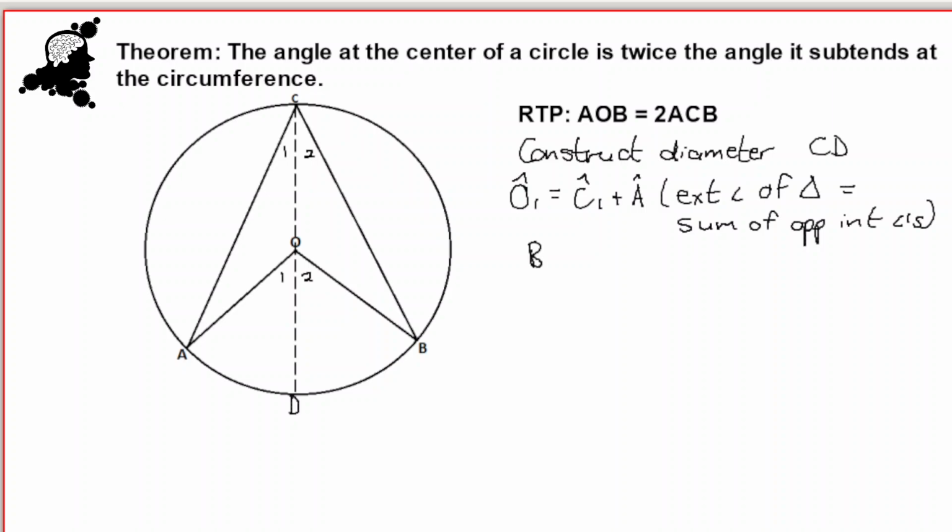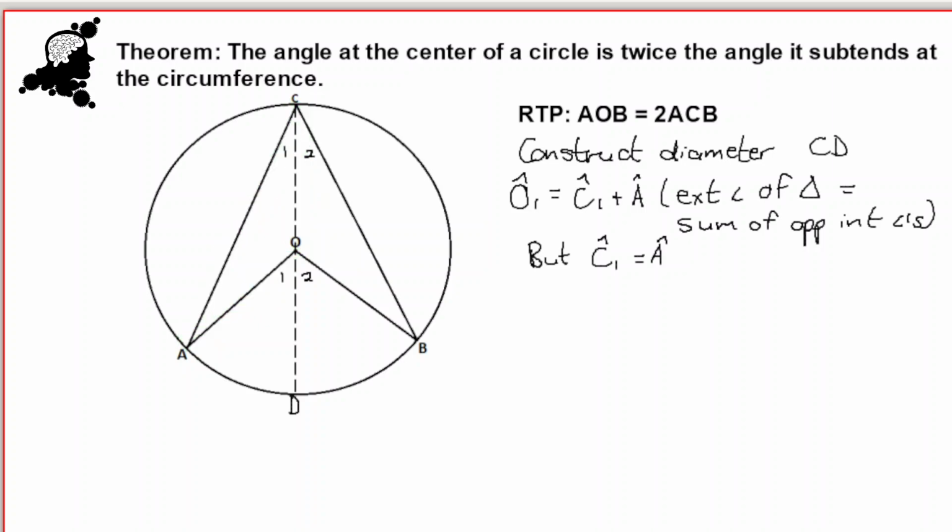But we can see here that C1 is equal to A. If we look at triangle AOC, which is this triangle that I am highlighting in green, we could see that this is an isosceles triangle. The reason for this is, in the previous video, we spoke about the radii being equal. In other words, this line is equal to this line. So this makes it an isosceles triangle.